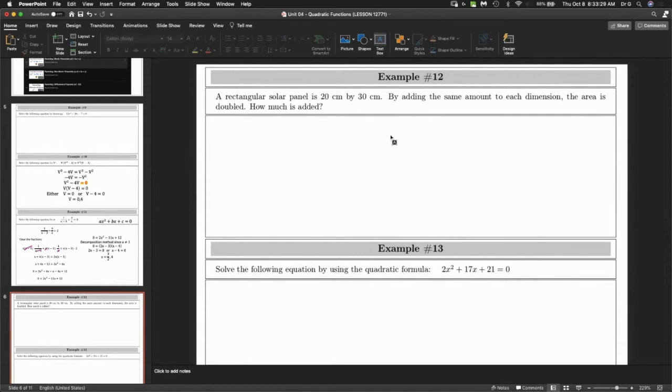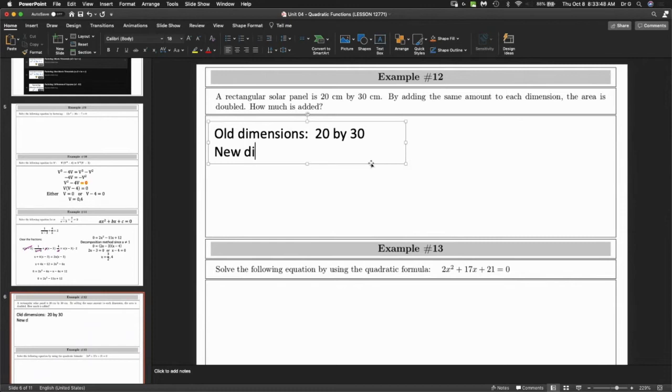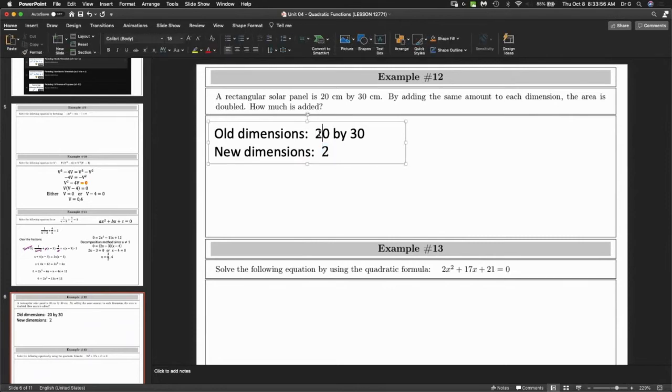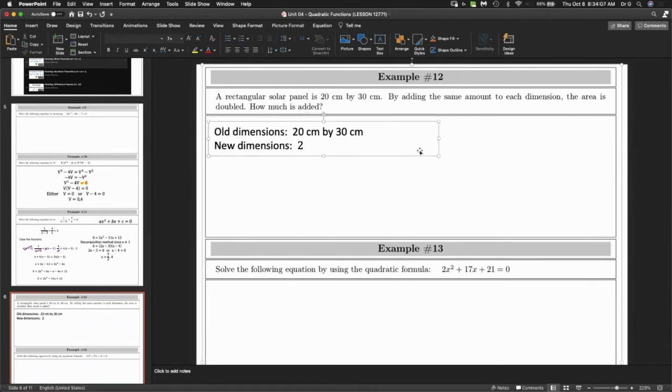It says here, just read question 12 while I create the structure of the solution here. I think the answer is 10 out of 9.